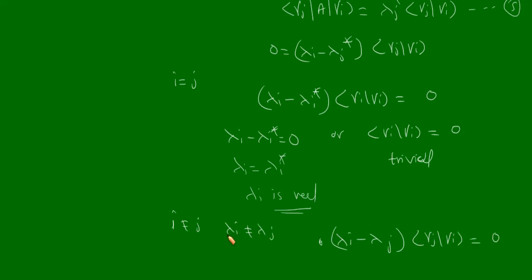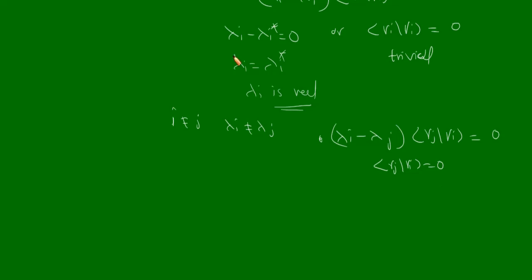Now since lambda i is not equal to lambda j, from here Rj Ri will be equal to 0, and if Rj Ri is equal to 0, then I can say Rj and Ri are orthogonal. So this implies that the eigenvectors of distinct eigenvalues are orthogonal.